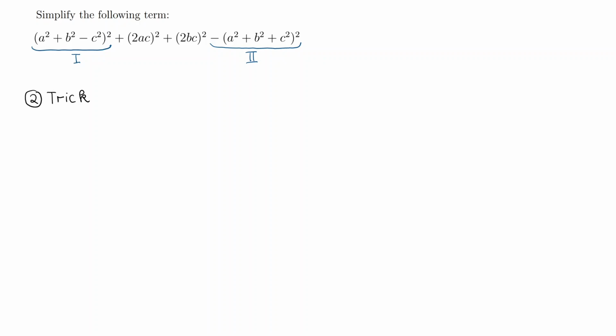Whenever we have some terms which are squared, like for example here and here in our 1 and 2, there is something like the binomial formulas. And whenever we have something like this, it's worth looking if we can see a pattern of one of the binomial formulas and then maybe use that.